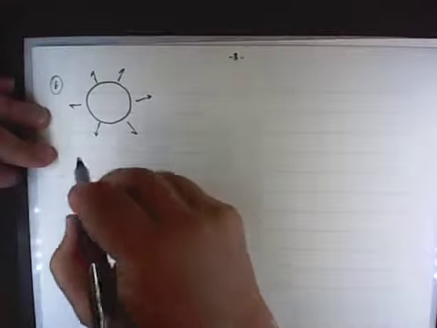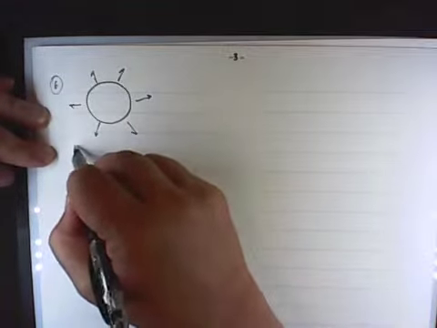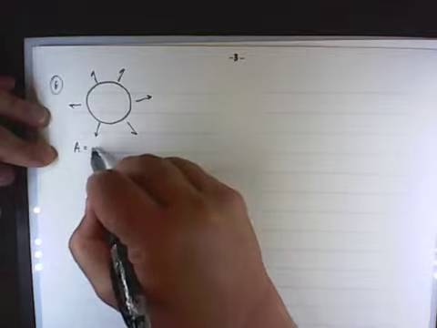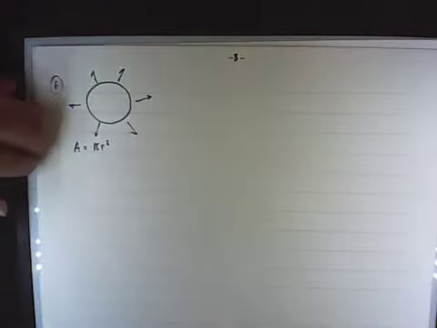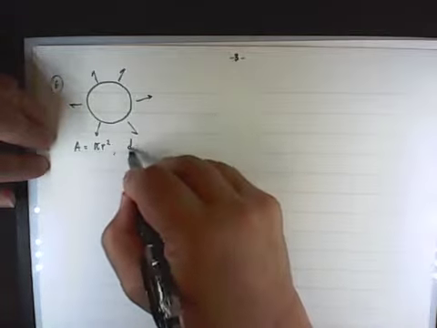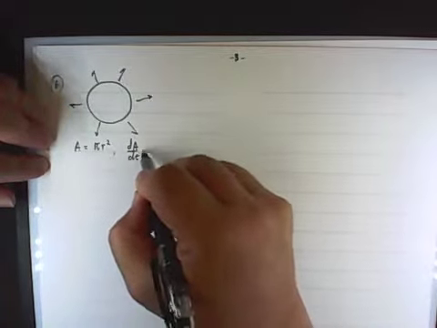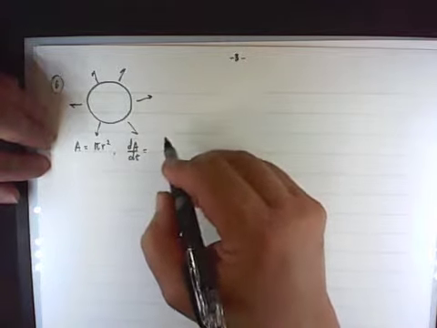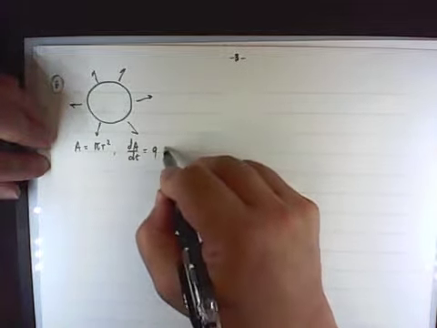And we know that the area of the circle is pi r squared. Okay, and what we know is that dA/dt, the rate of expansion, is 9 square millimeters per second.